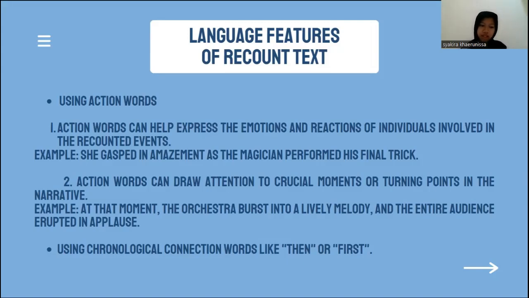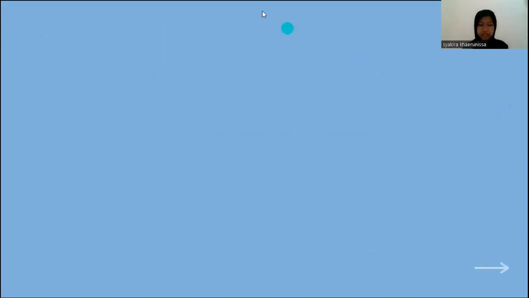Two, action words can draw attention to crucial moments or turning points in the narrative. For example, at the moment the orchestra burst into a lively melody and the entire audience erupted in applause. Using chronological connection words like then or first. Next.